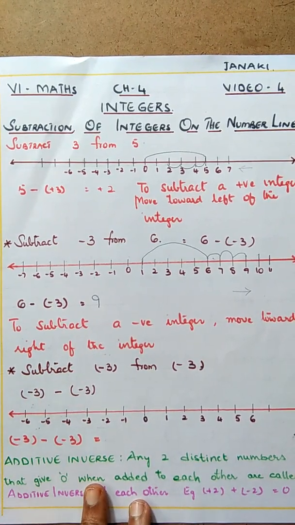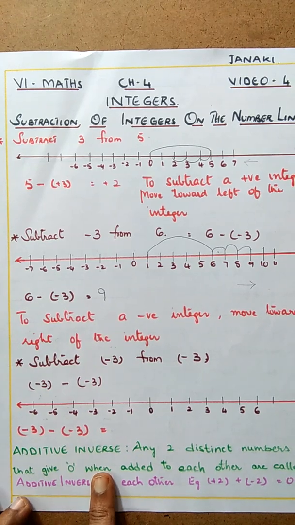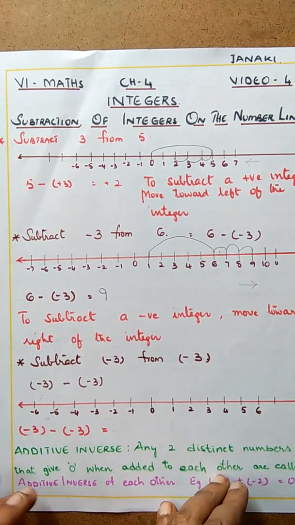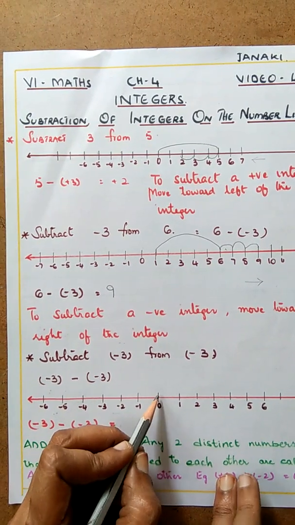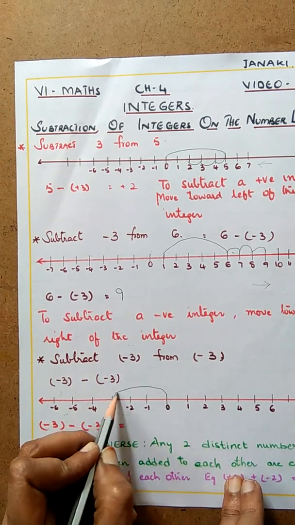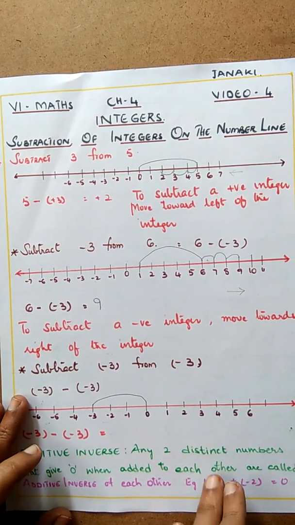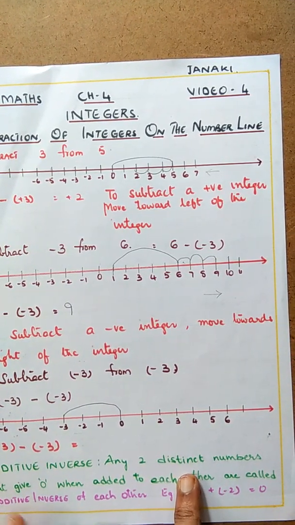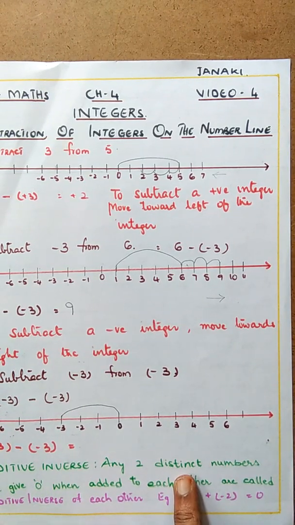And another example, subtract minus 3 from minus 3. Here we have taken two negative integers, isn't it? So minus 3 is a negative integer. So on the number line, first mark 0 and minus 3. Then you have to subtract minus 3.